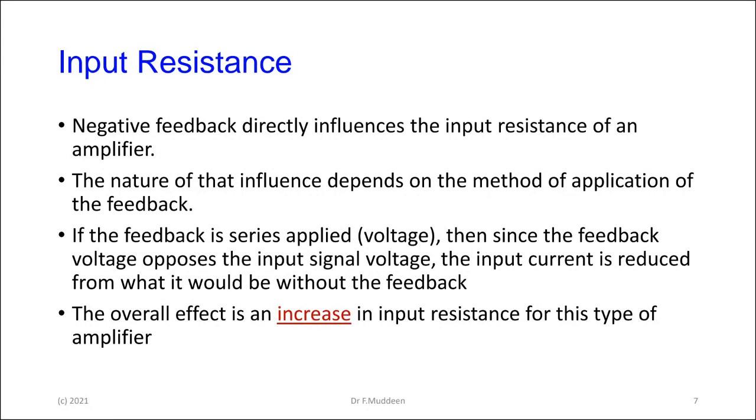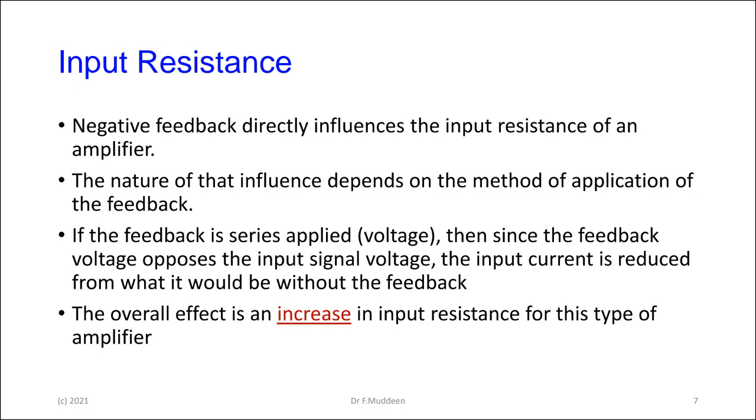If the feedback is series applied, which is voltage, then remember it's negative feedback. So what happens is that the feedback voltage opposes the input signal voltage. So it's basically subtracting from it. And therefore, if you subtract the overall voltage at the input, you're decreasing the amount of input current going into the device.